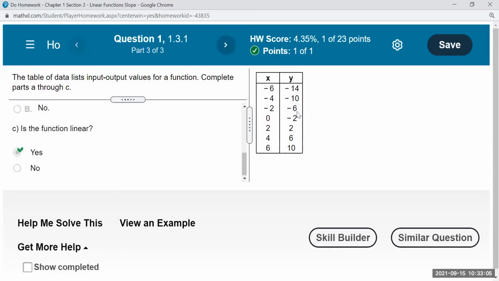So to be a linear function, the difference of x has to be the same. The difference of y has to be the same. Okay, so the steps between them have to be the same.